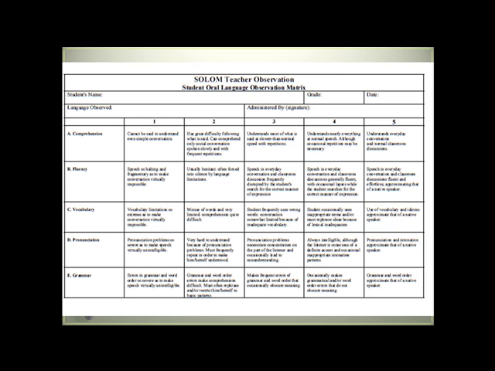A score of 3 is where the learner would probably understand most of what is being said, usually at a slower than normal speed with some repetitions. And 5 would be that the child basically understands everything that is being said during classroom discussions and tasks.